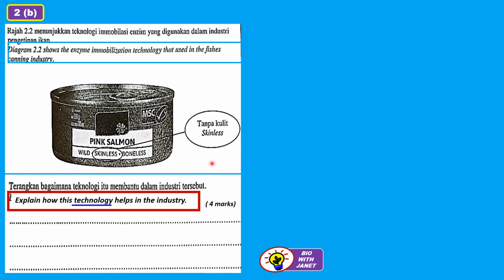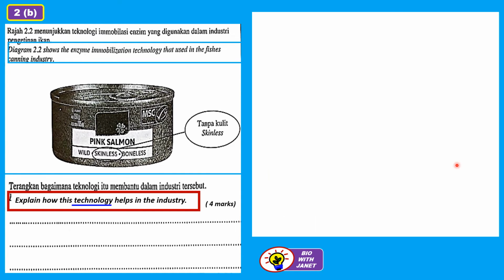First of all, we have to know the enzyme that's responsible for producing the skinless salmon. That means the enzyme will help remove the skin from the salmon. You know that salmon skin is very tough. It can be eaten, but it's very tough. So let's see what's the answer.